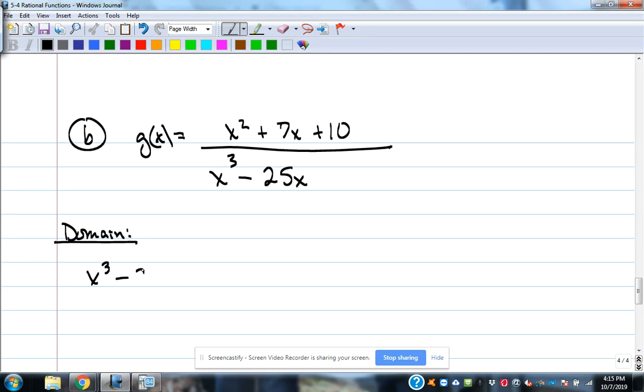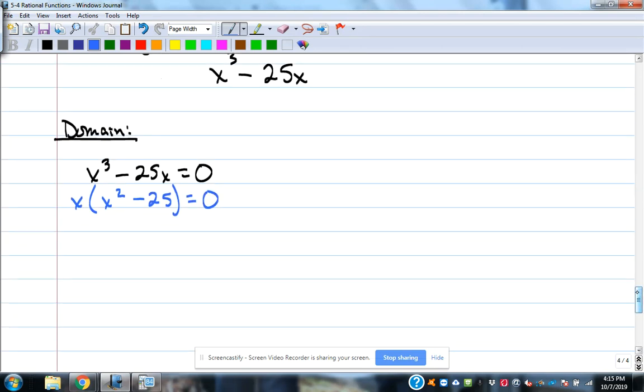x cubed minus 25x equals 0. Set the denominator equal to 0, and then what method do we want to use to try to solve that? Yeah, factor it as much as you can, because that's going to help us when we go to simplify. So factoring is our key. So x would be a GCF, and that would leave us x squared minus 25.